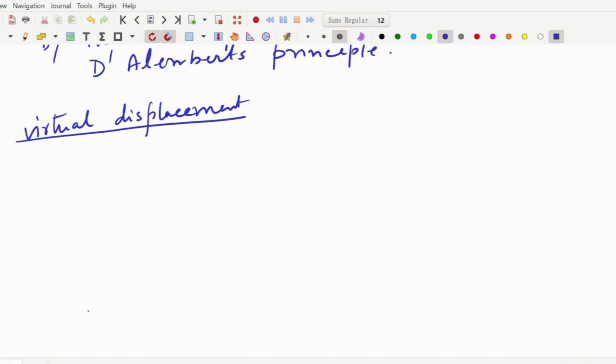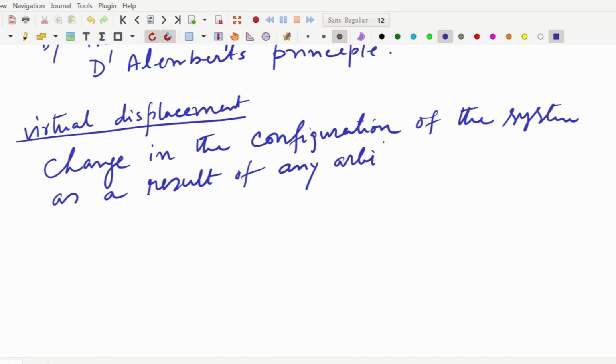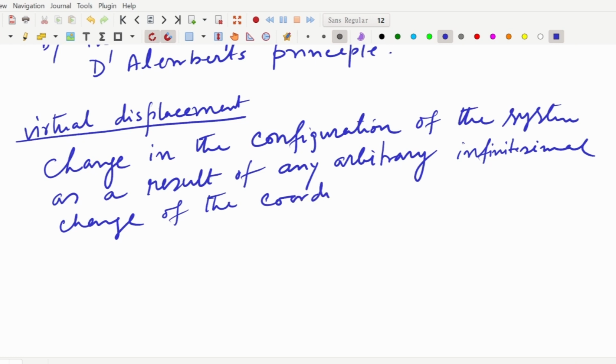Virtual displacement, let me write: change in the configuration of the system as a result of any arbitrary infinitesimal change of the coordinates, delta r_i.